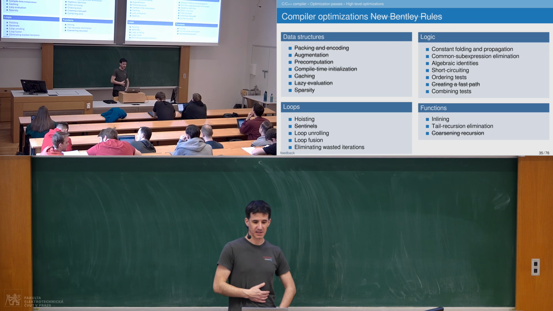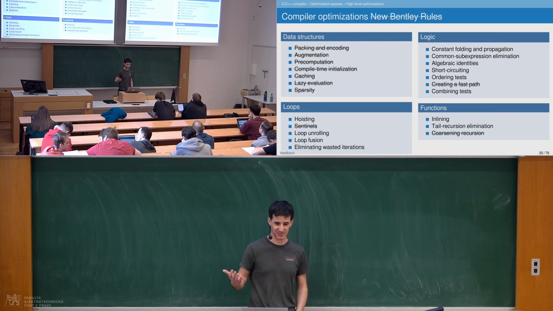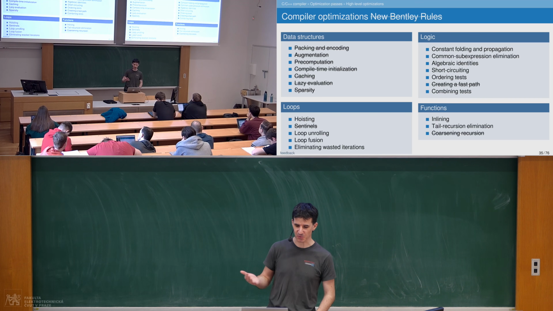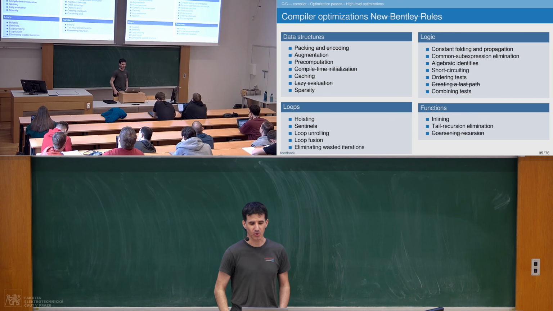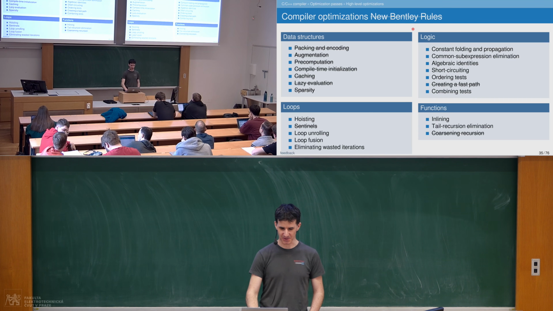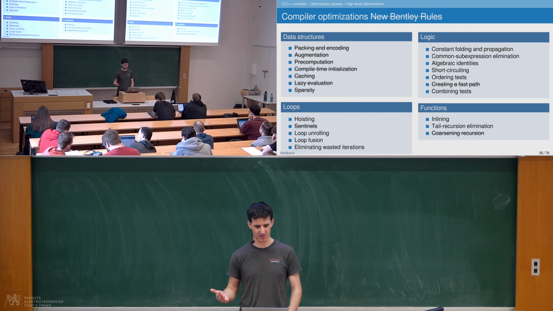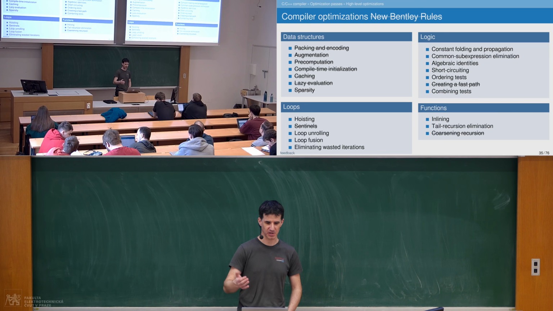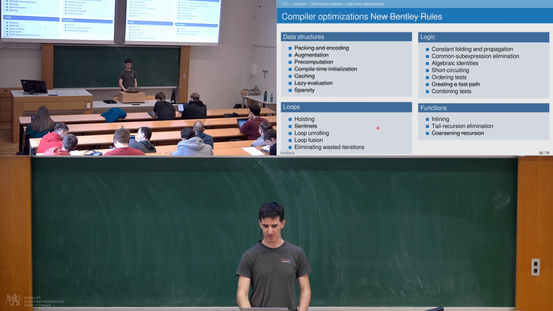And the second thing is going back to Bentley rules. Many of those Bentley rules are, as I told you, already implemented in the compiler. Those which are not crossed are typically implemented by the compiler. Those which are crossed, you have to implement yourself.